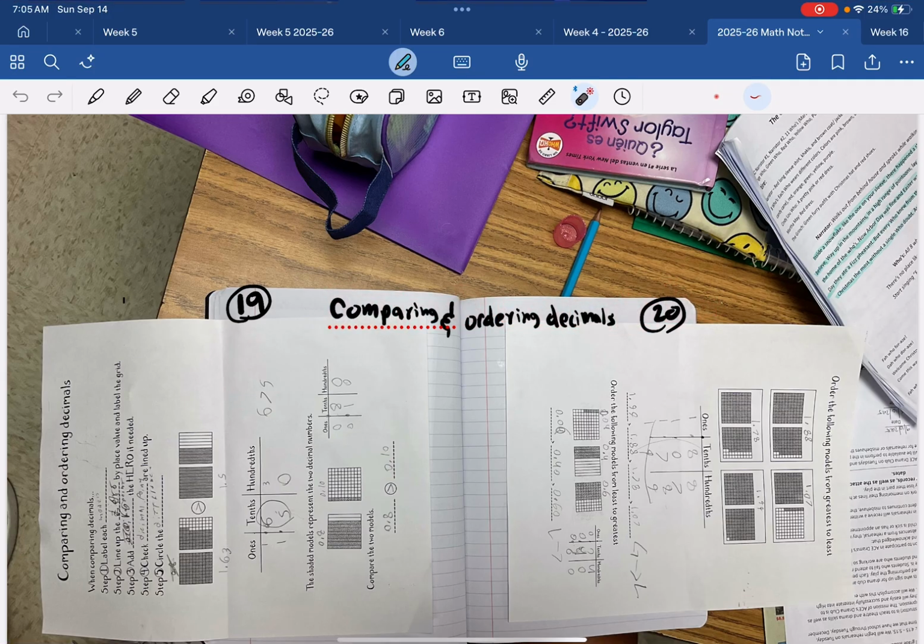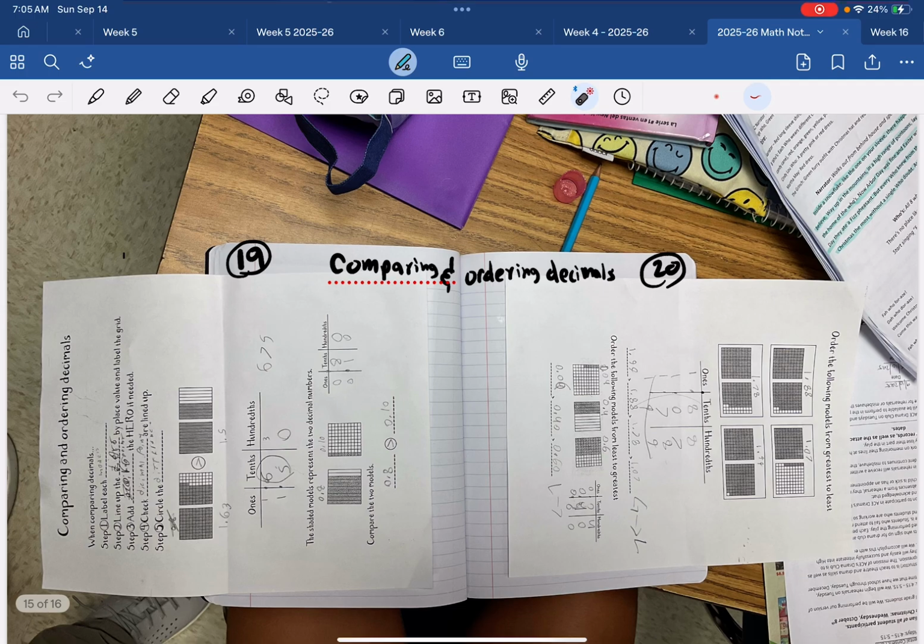Okay, I'm not at school right now, so unfortunately I can't take a picture of what it should really look like, but just remember that you're doing it on page 21. And on page 22, if you're wondering, let me tell you what's gonna go on page 22.